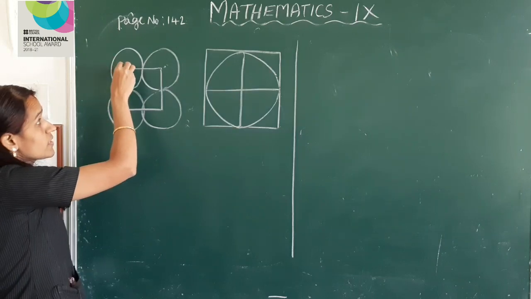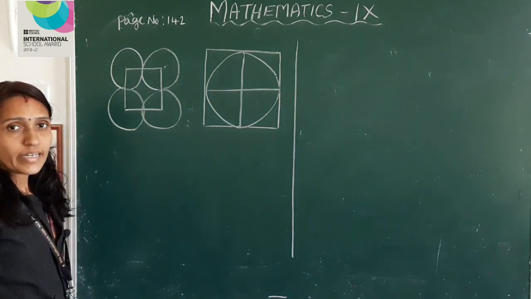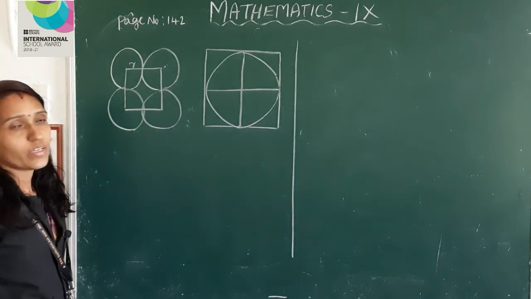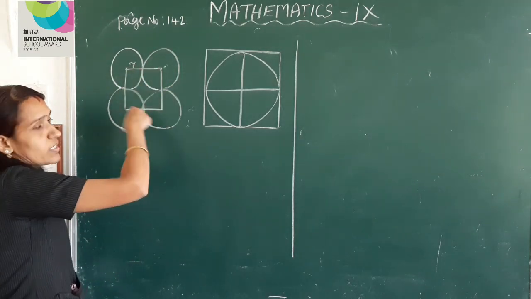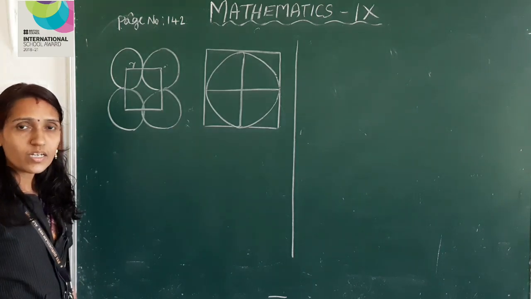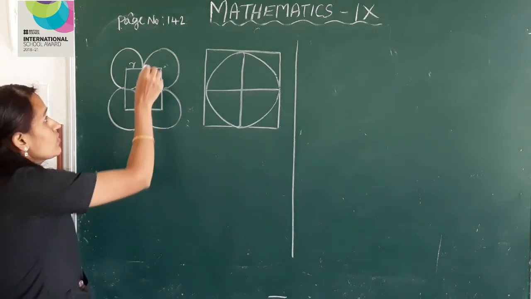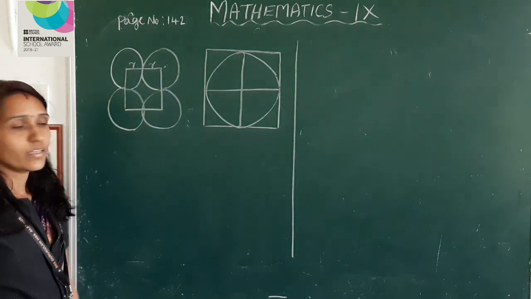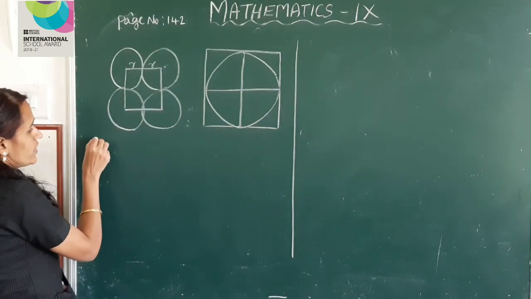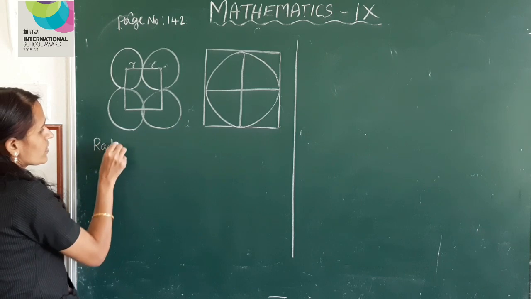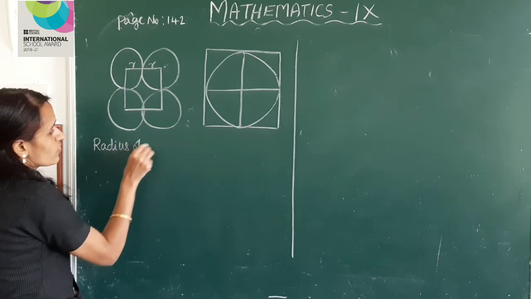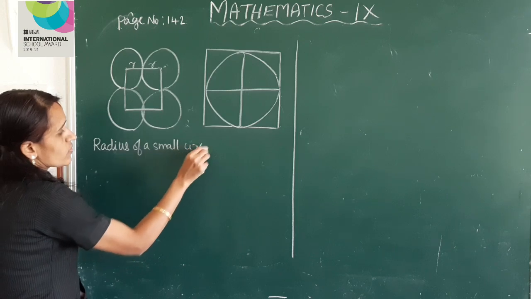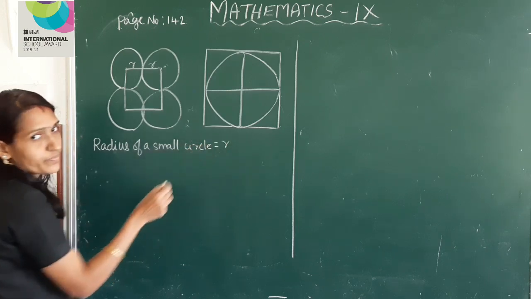The first circle radius is taken as small letter r. These 4 circles are equal radius, so this is also r. Okay, radius of a small circle is equal to r.